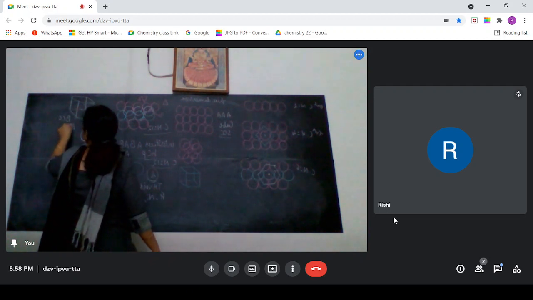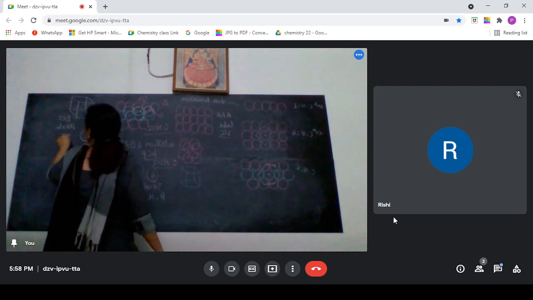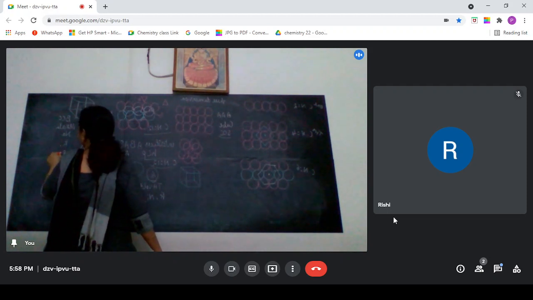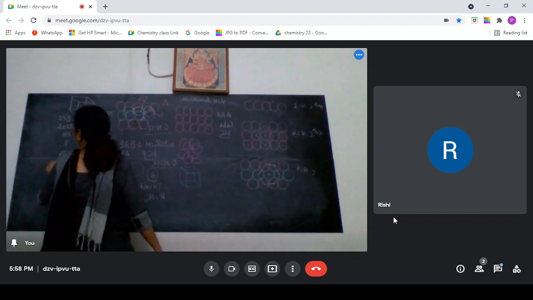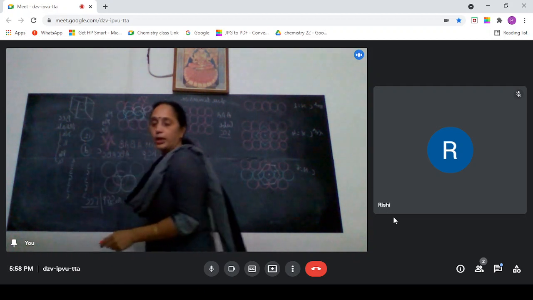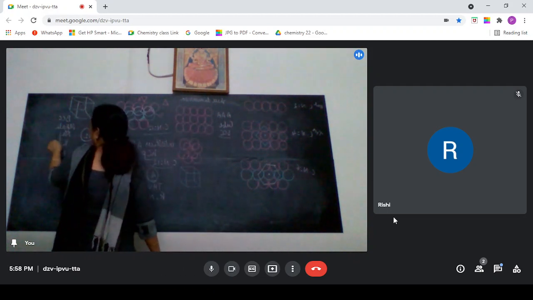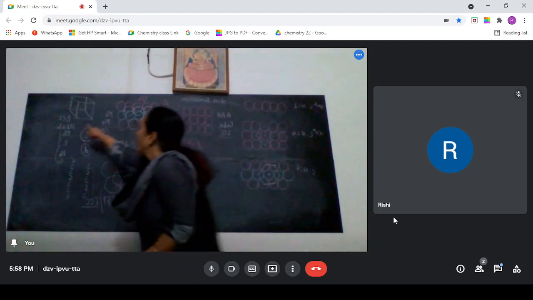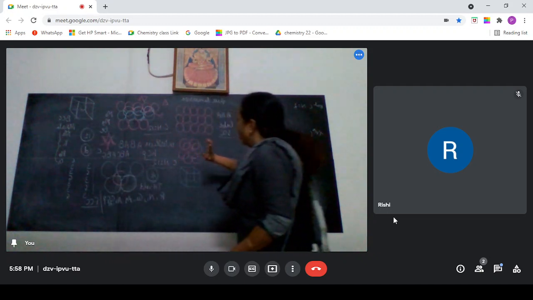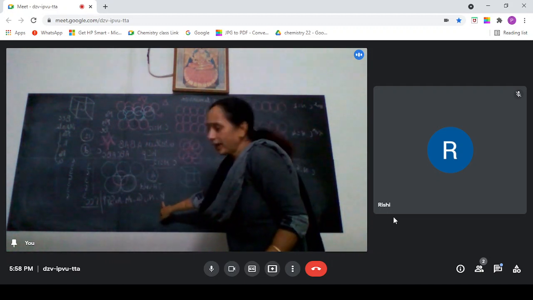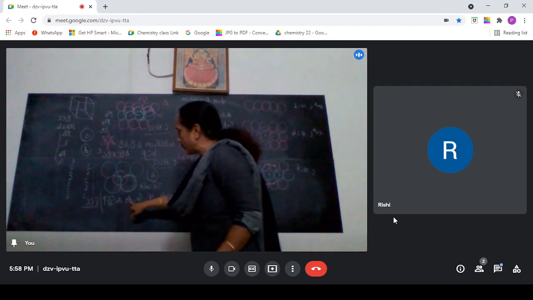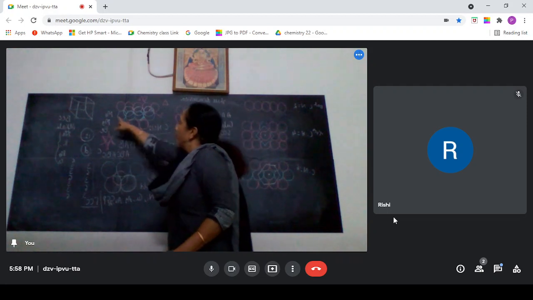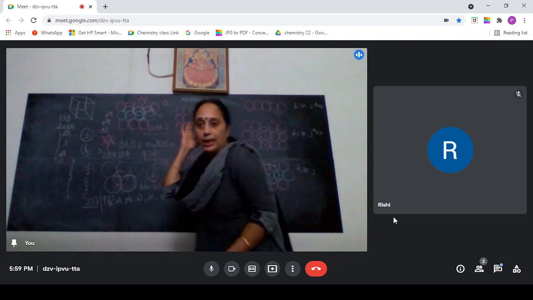This is shown by all alkali metals: lithium, sodium, potassium, rubidium, cesium. That means all alkali metals show body-centered cube. FCC is shown by iron, nickel, copper, silver, gold, aluminium, and HCP is shown by molybdenum, magnesium and beryllium.